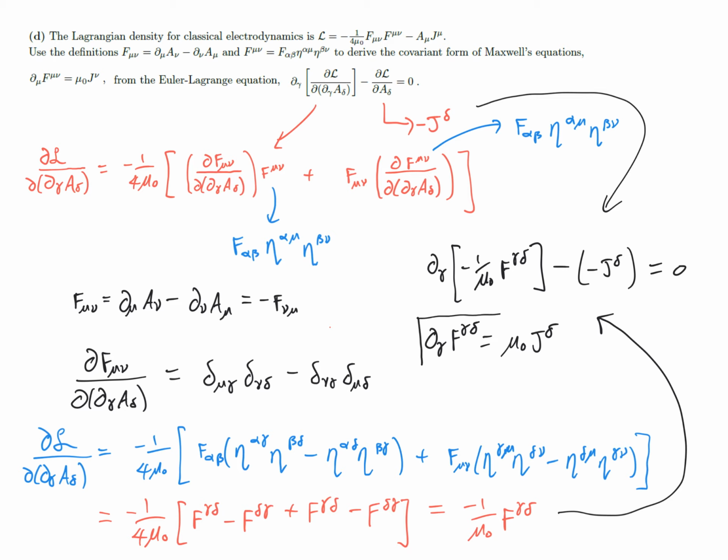It's Maxwell's equations written in the covariant four-vector form, involving the electromagnetic field tensor F and the 4-current J. Now notice that we've swapped all the indices around in here, but those indices are dummy indices and they don't matter. The gamma here is being summed over, so it doesn't matter that that's a mu in this original equation. And then here, we're just looking component by component, nu on the left-hand side, nu on the right-hand side, and likewise here, delta is on the left-hand side, delta is on the right-hand side.